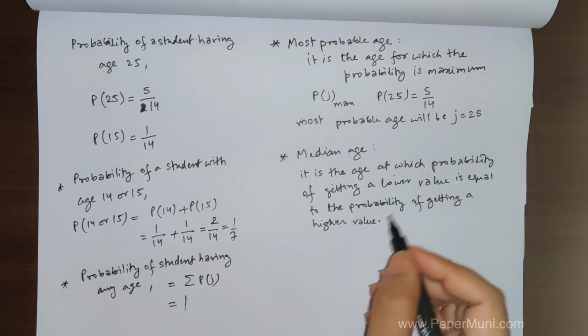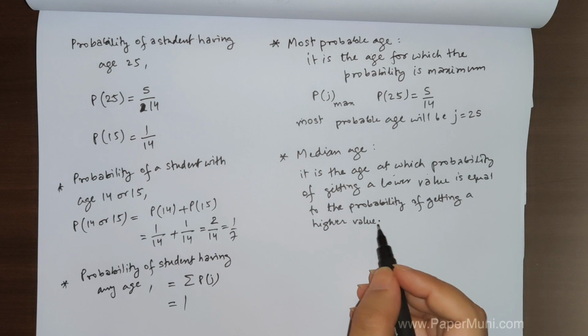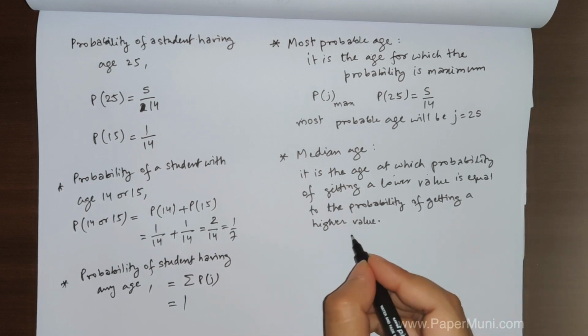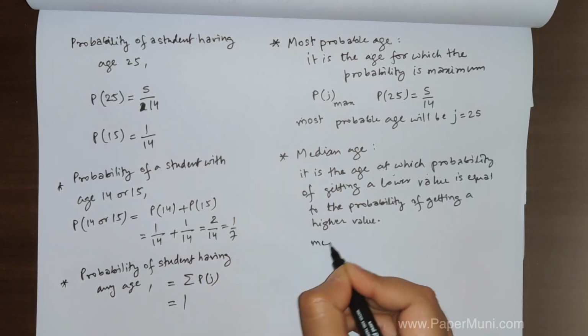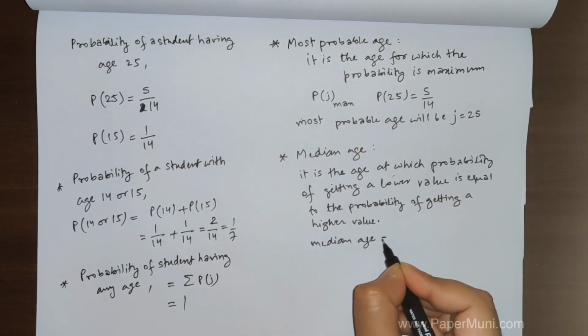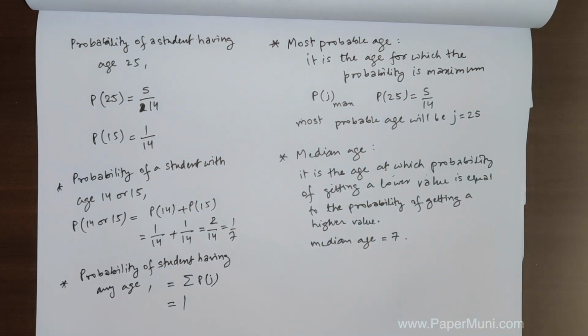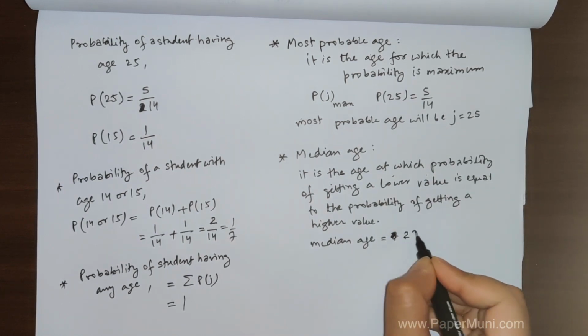In this case, 7 people have age less than 23 and 7 people have age greater than 23. So in this case, the median age is equal to, sorry, my fault, 23.